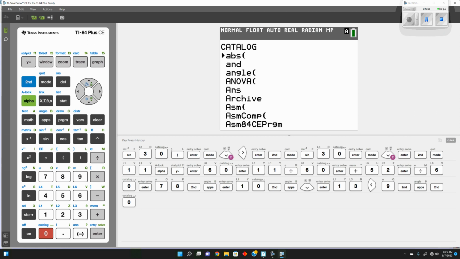And it's in alphabetical order. So A through Z, and then numbers, and then symbols. But what we're looking for is a symbol, yes? So most likely, it's at the very bottom. So if we scroll up, it'll take us to the bottom since we started at the top of the list. And there it is right there.